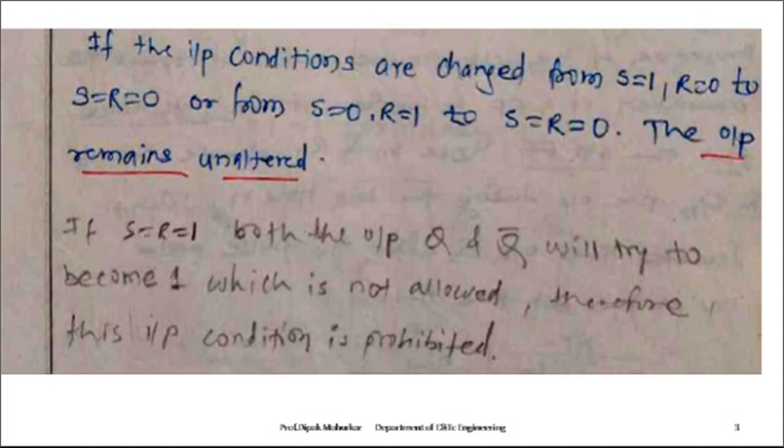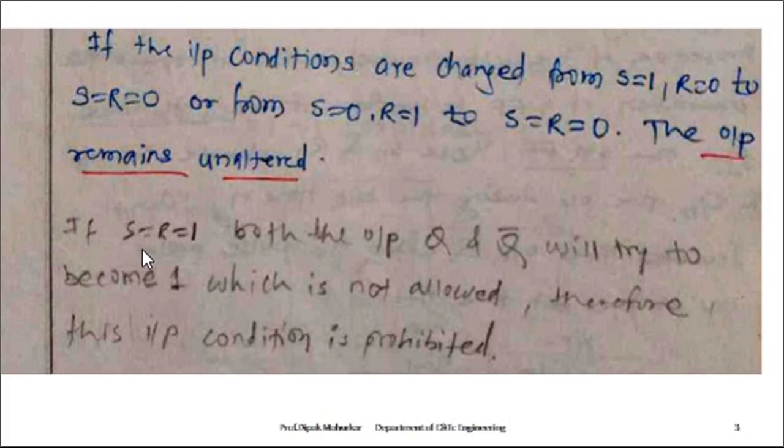If the input condition is changed from S equal to 1, R equal to 0 to S equal to 0, R equal to 0, or from S equal to 0, R equal to 1 to S and R equal to 0, the output remains unaltered. These are very important. Unaltered means the previous output is retained. I will elaborate again.